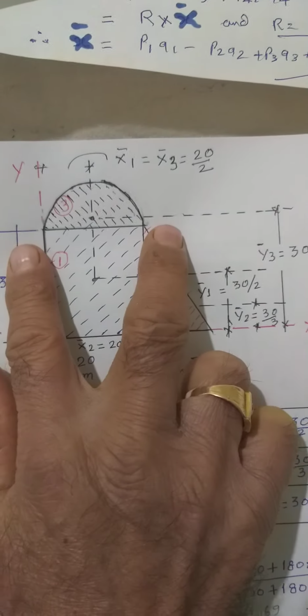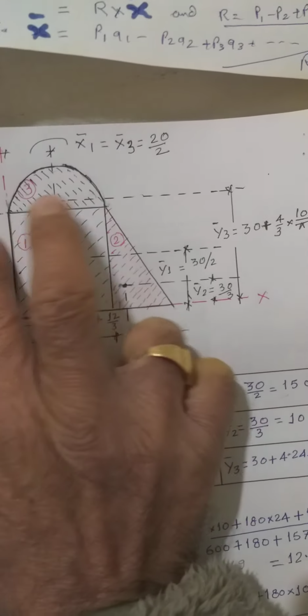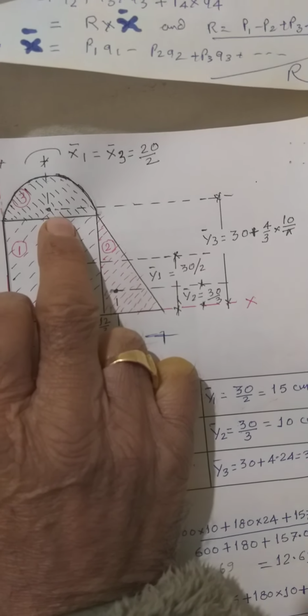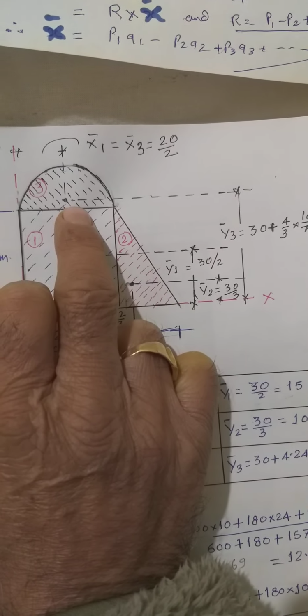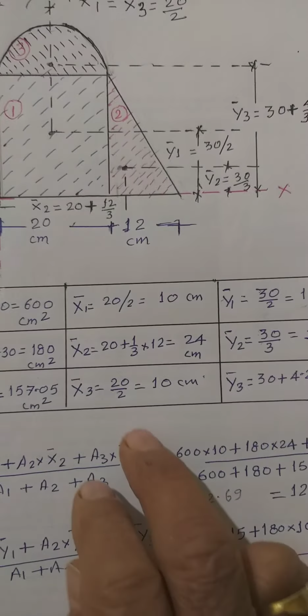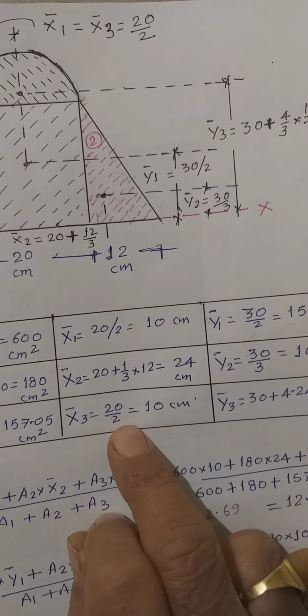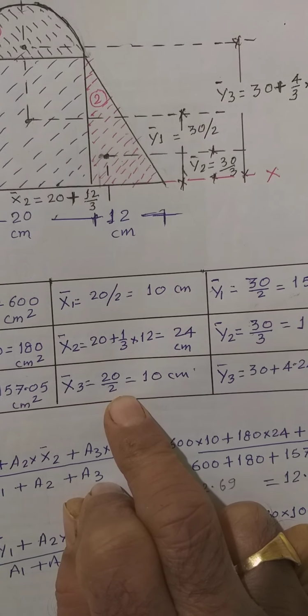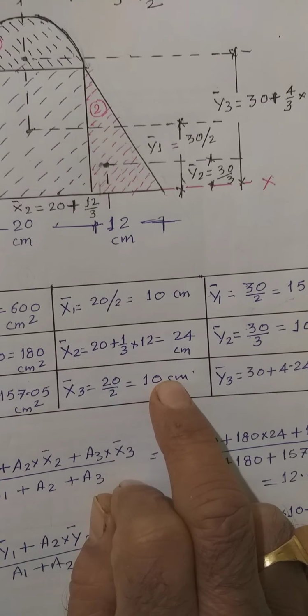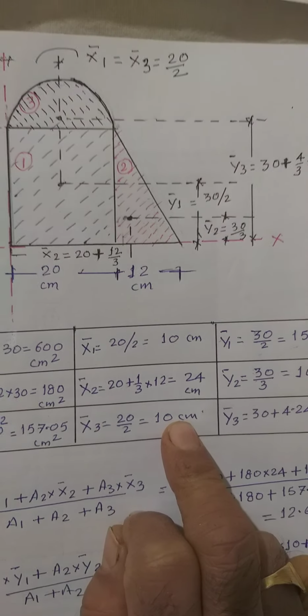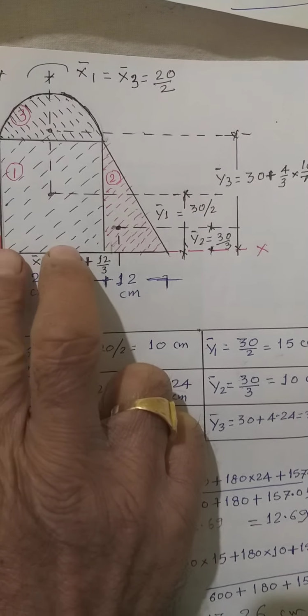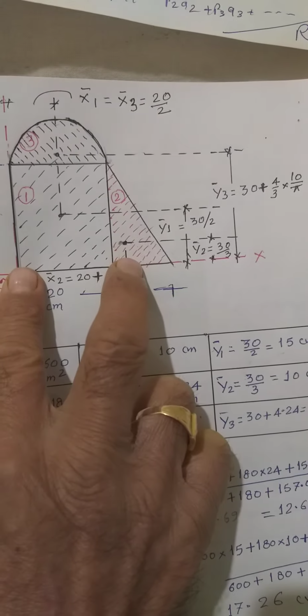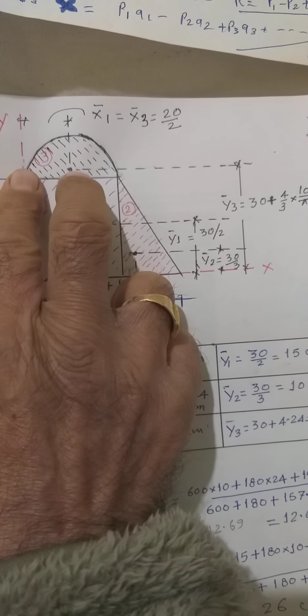Here again, this is 20, and CG lies exactly at the center, that is 20 by 2, that is 10. And we can see that X bar 3 will be 10 centimeter. So we have just calculated the value of X bar 1, X bar 2, X bar 3.